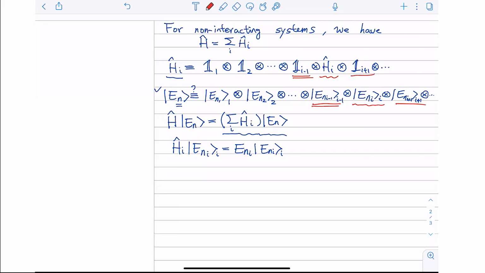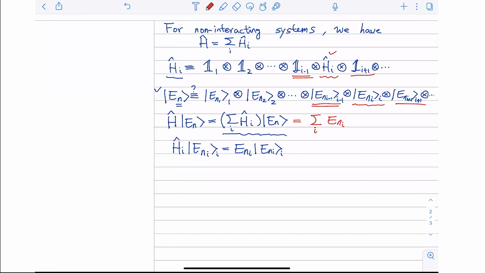So when we apply H_i to this state, each H_i contributes a term that corresponds to the eigenenergy E_ni. Now we are summing over all the particle Hilbert spaces.